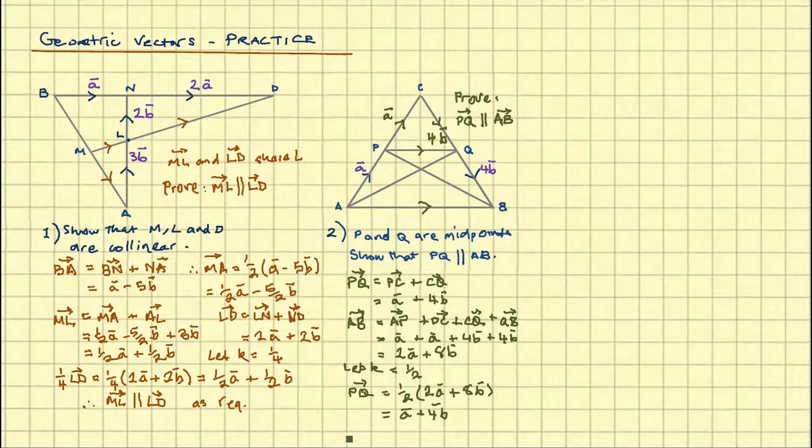So we've shown that, therefore, PQ equals some constant k times AB. Therefore, PQ must be parallel to AB, as required. And that completes the proof.